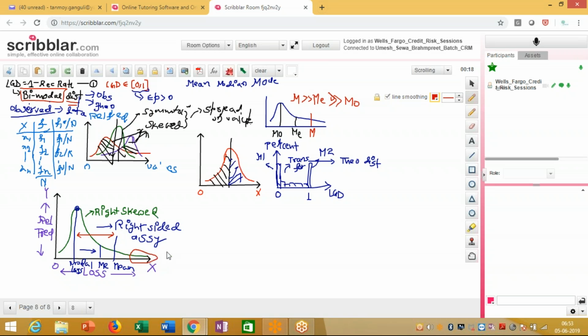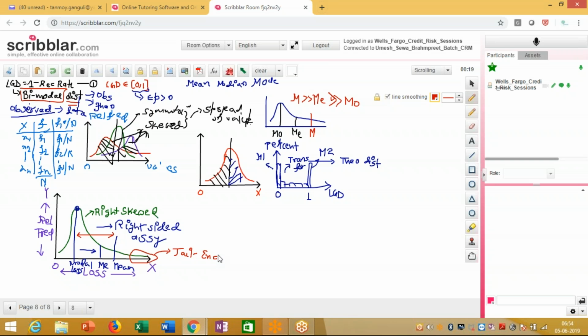These tail end losses are considered to be huge volumes of losses. These are your tail end losses.